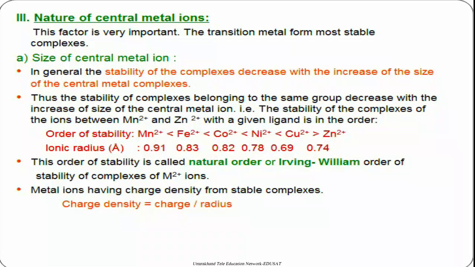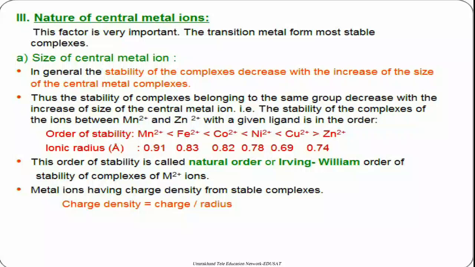And you see the ionic radius. The ionic radius of Mn2+ is 0.91, Fe2+ is 0.83. These values decrease up to copper, and then increase again, that is, zinc is 0.74. You see here Zn2+ is also less stable than Cu2+.